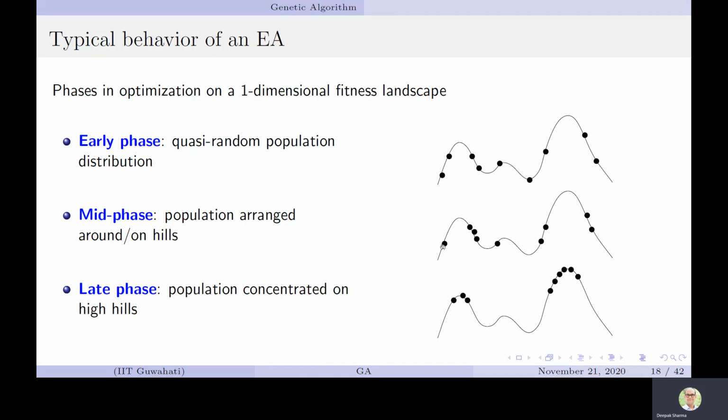Then we generate new solutions and select good solutions. You can see the solutions trying to move towards the peak, supposing we are maximizing the function. And at the last, the solutions converge to the peak, and at this peak we get an optimal solution for the given problem.